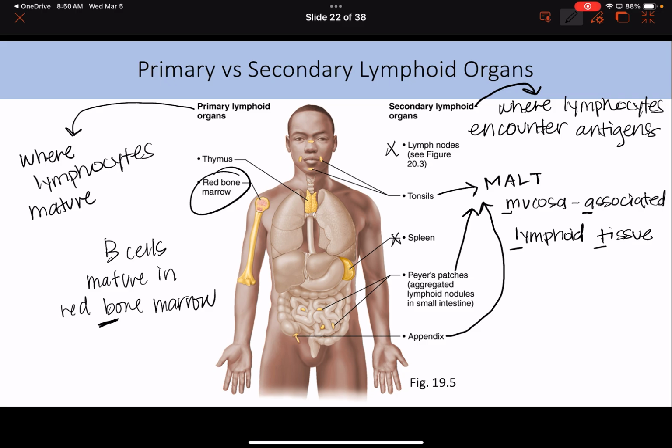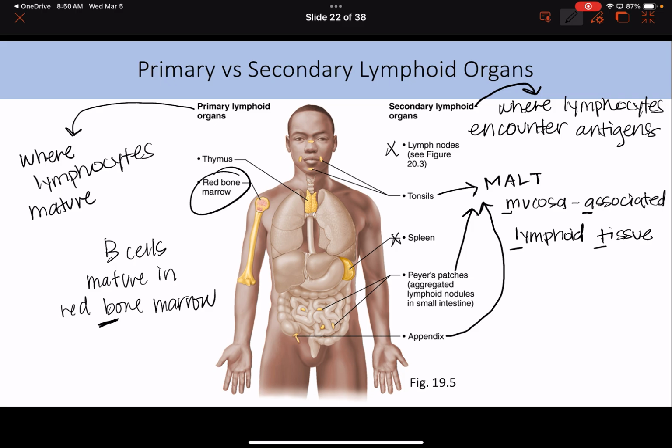And if you remember from B32, your digestive system has that simple columnar epithelium, and there is a specific unicellular exocrine gland within that simple columnar epithelium. What's that called? Goblet cells. Those goblet cells make mucus. So you have a mucus lining from your oral cavity all the way down to your anus.